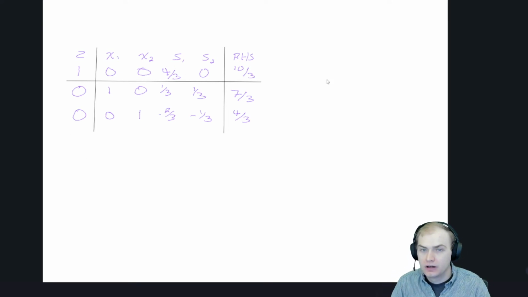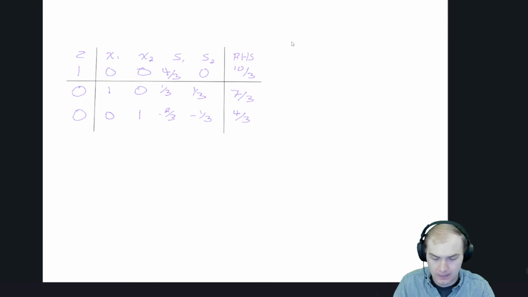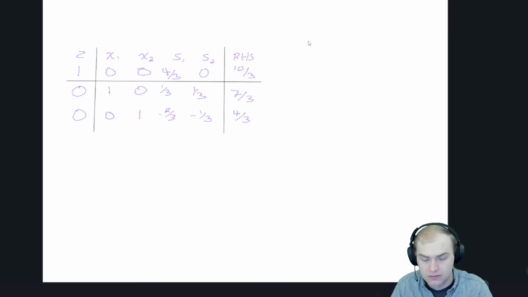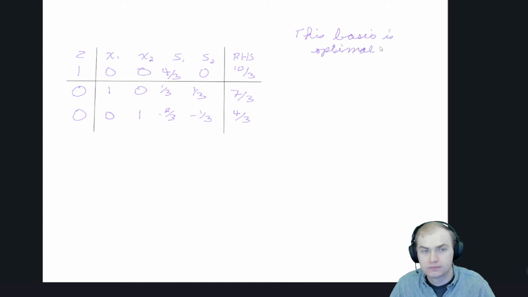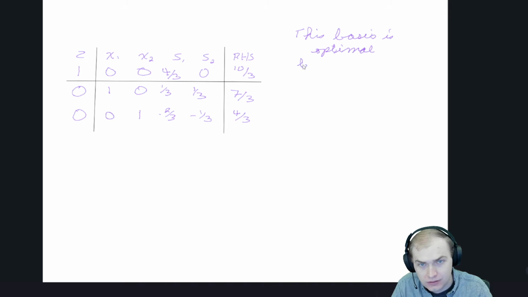Now, we're at an optimal solution. This solution, or this basis, is optimal because there are no negative entries in the objective row.